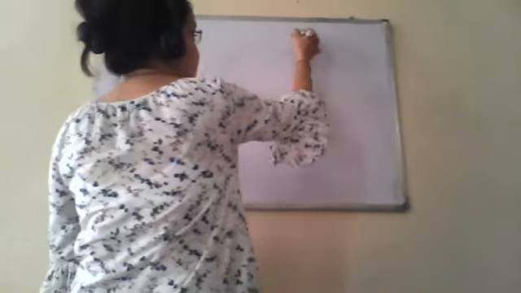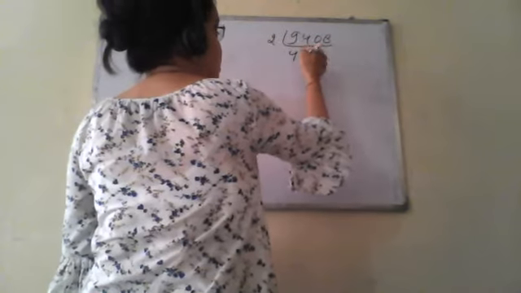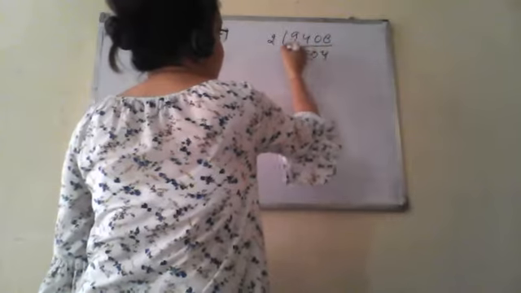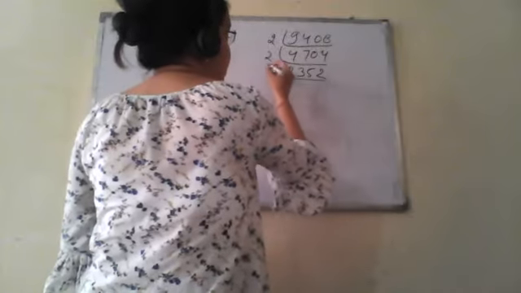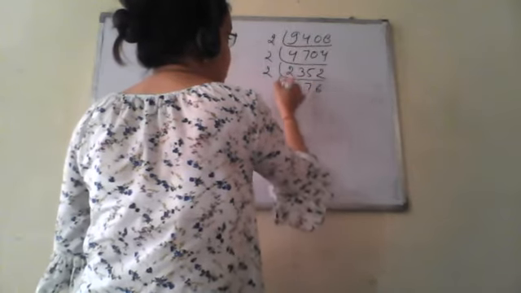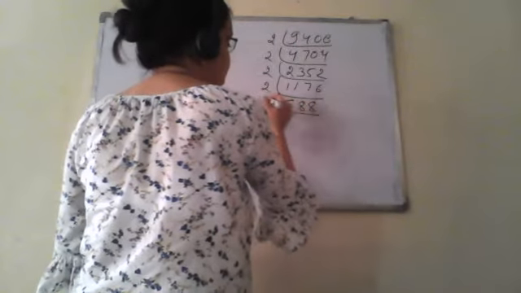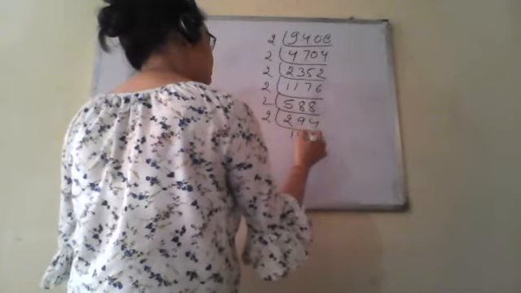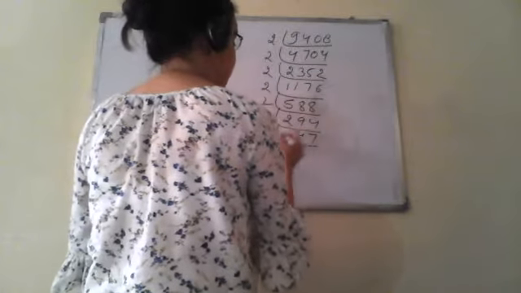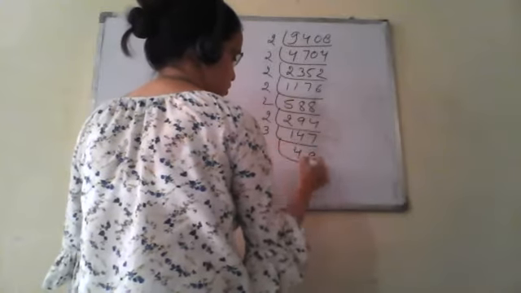So we will do the prime factorization. 9408, 4704, 2352, 1176, 588, 294, 147, 49. So this is the prime factor.